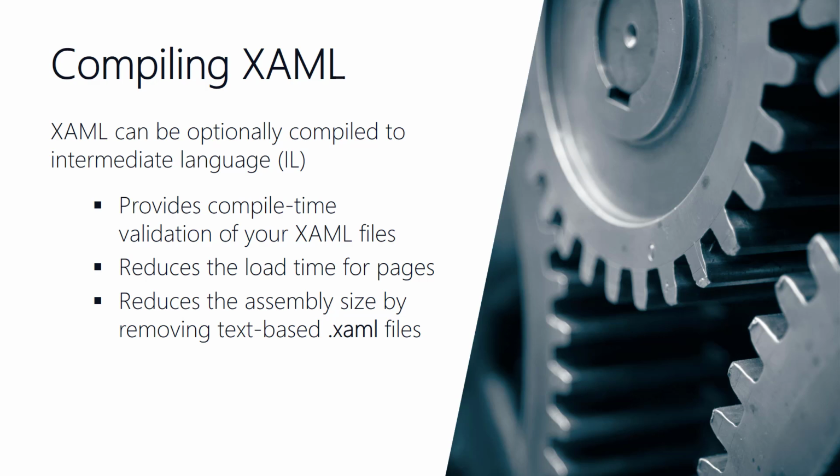Like I said, this will help reduce the load time of pages. This will also reduce the size of the overall assembly because text files are a little bit bigger than just having some C# code. And this will even help us provide some more validation with our XAML because it's going to be validated now at compile time.